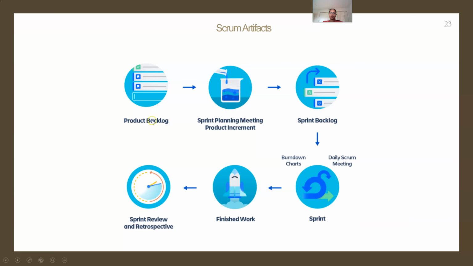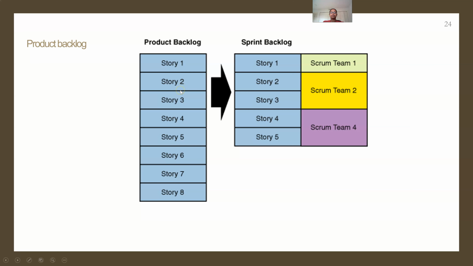The product backlog is a list of new features or enhancements, bug fixes, tasks, and work requirements which needs to be done to build a product. It is compiled from the input sources like customer support, competitor analysis, then market demands, the general business analysis.